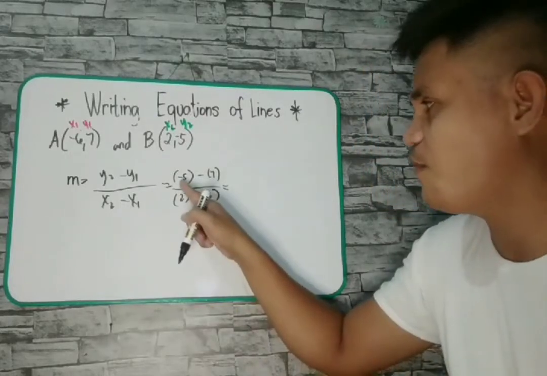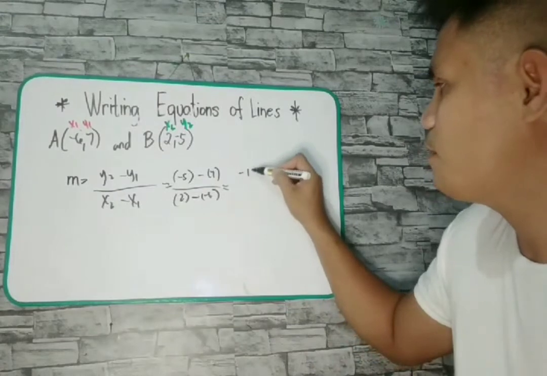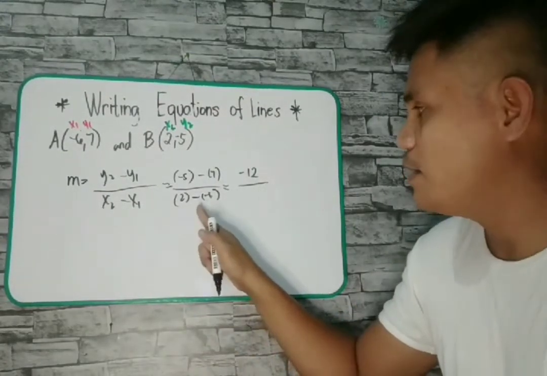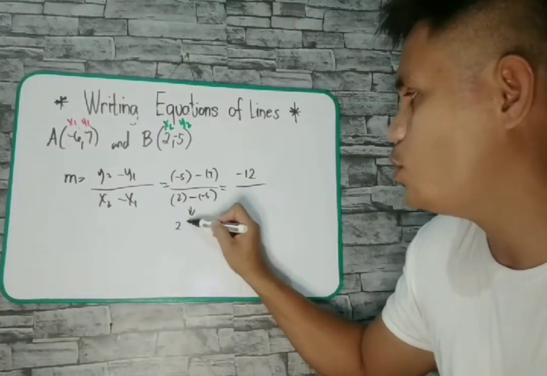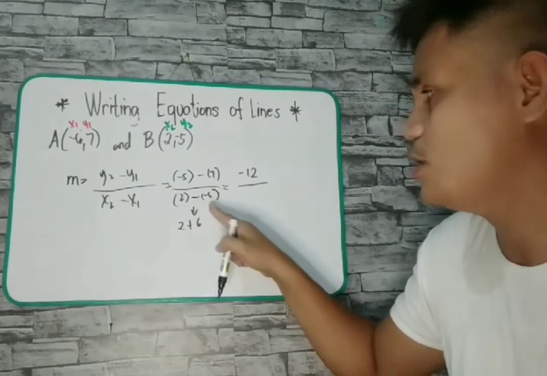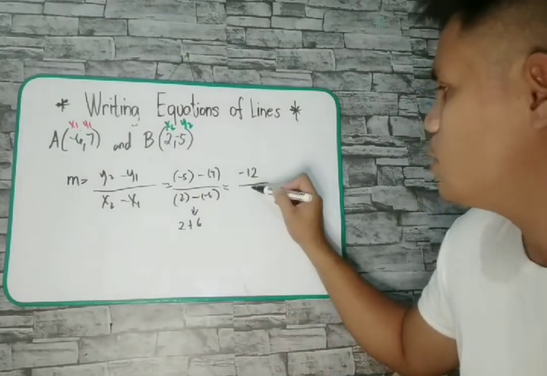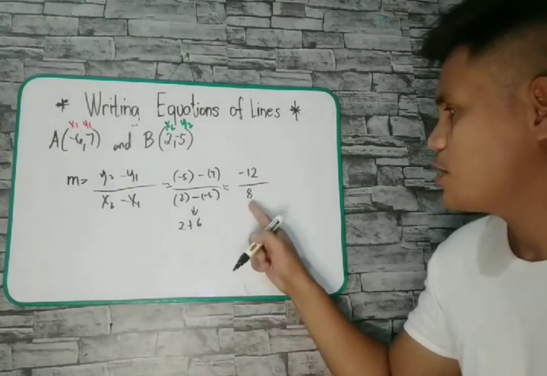Now we can simplify this one. We have negative 5 minus 7, that will give you negative 12. And then 2 minus negative 6, this means 2 plus 6 by changing the sign of the subtrahend. It will give you a sum of 8.